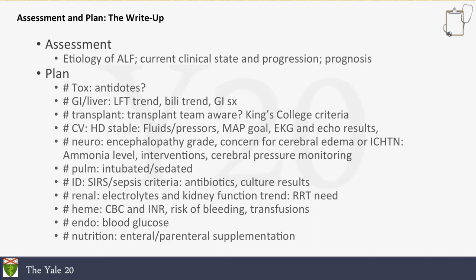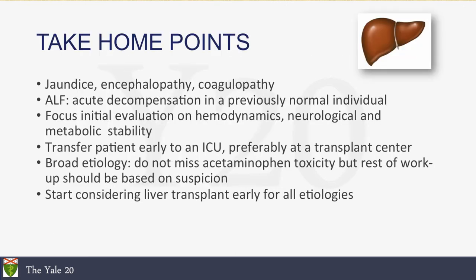Have we given vitamin K, FFP, transfused any blood or platelets? For endocrine, how is their blood glucose holding up? Finally, we should talk about their nutritional status. Are they able to eat on their own? If not, is enteral or parenteral nutrition being given? In this final slide, we will recap this presentation on ALF with some key take-home points.